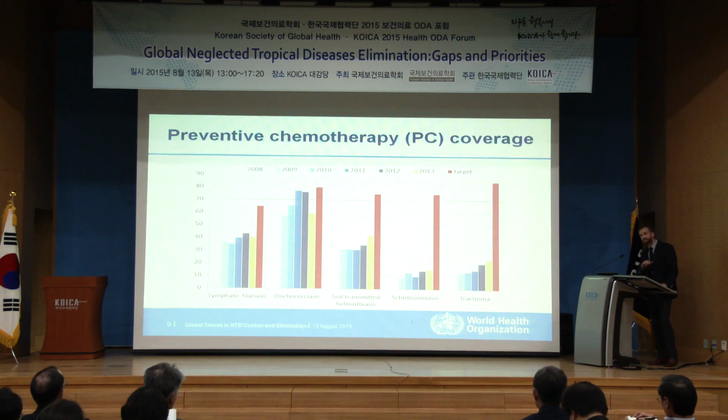So the idea is that if coverage is maintained at these target levels for an adequate number of years, we can start to scale back in terms of preventive chemotherapy as these diseases are eliminated from specific areas. But I wanted to put this graph up because it demonstrates the gap that exists in terms of the number of people requiring and those receiving interventions against NTDs, in particular preventive chemotherapy, which I've separated now by income groups.